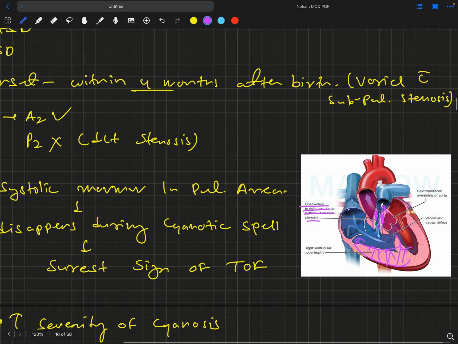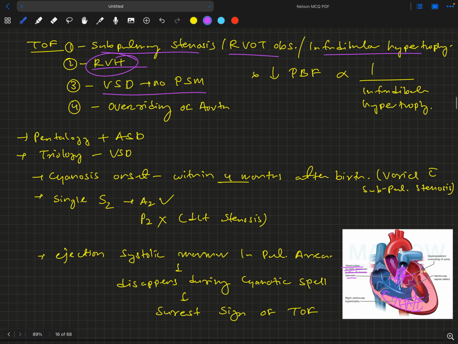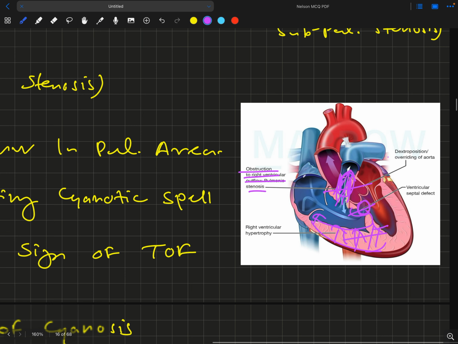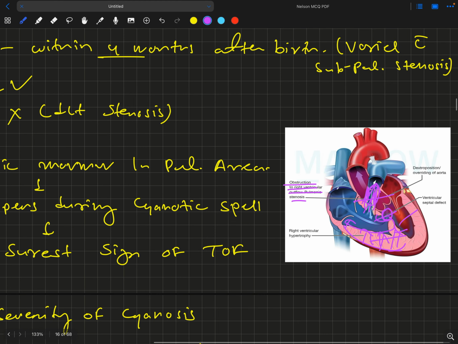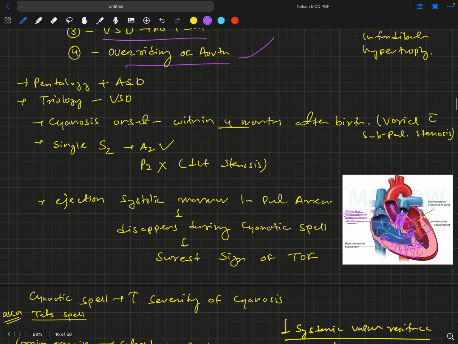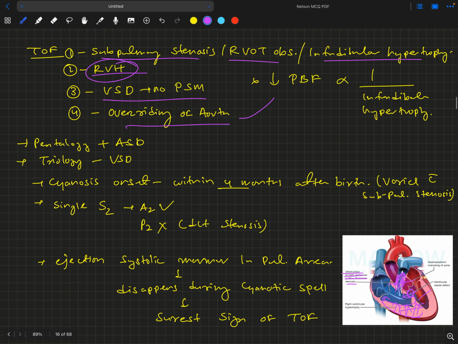So first is right ventricular outflow tract obstruction, then right ventricular hypertrophy, then ventricular septal defect. There is a ventricular septal defect present between them, but in this case there will be no pansystolic murmur. And overriding of aorta. Now this aorta overrides the pulmonary artery. So all these are the 4 findings in case of tetralogy of Fallot.